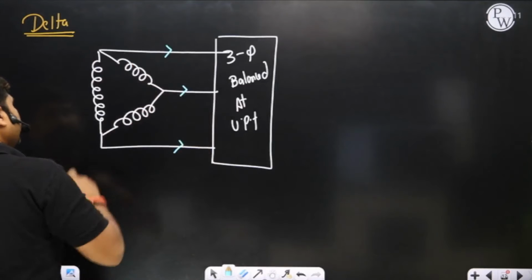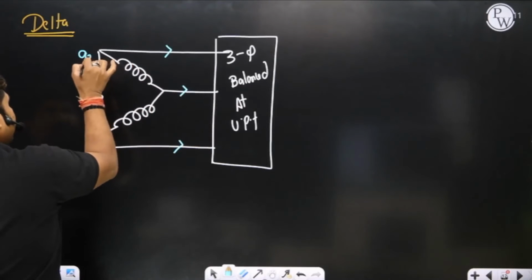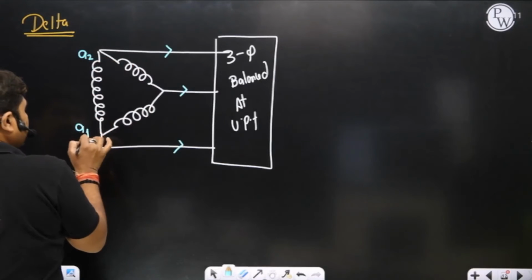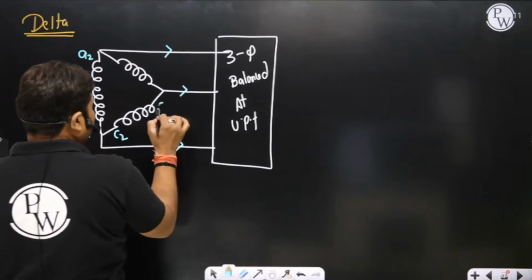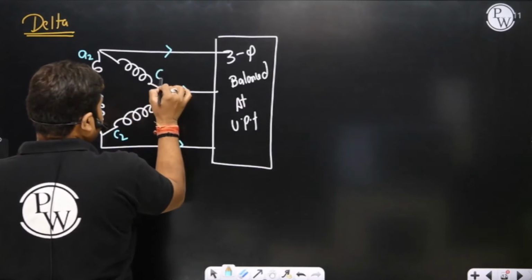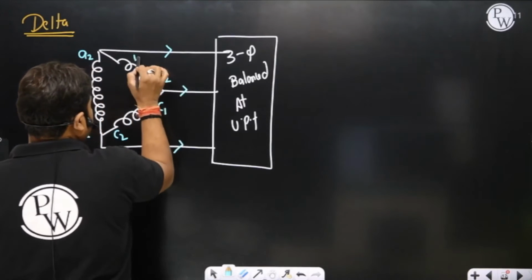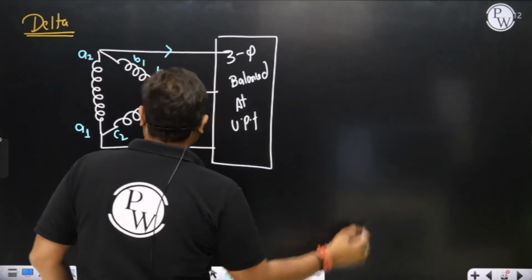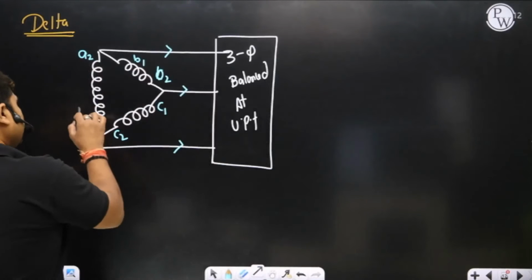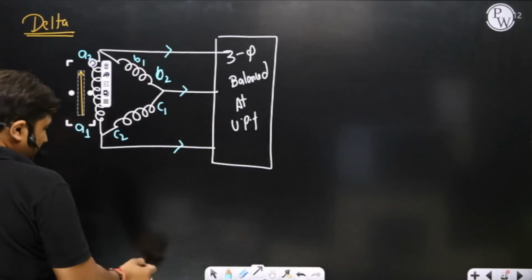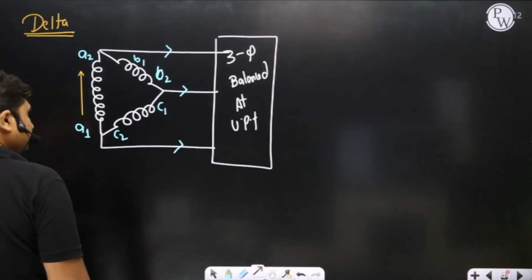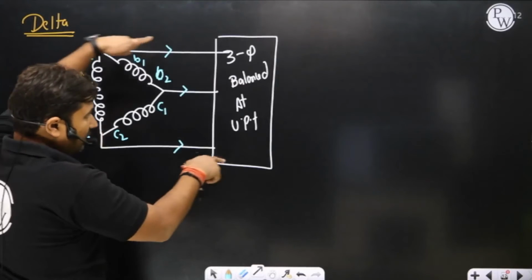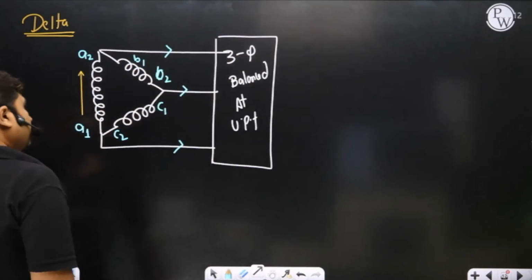Okay, yes, sir. Let's talk about phase current. Phase current is the current that flows through the windings of the machine. When A phase voltage is maximum, then A phase current comes into the picture.